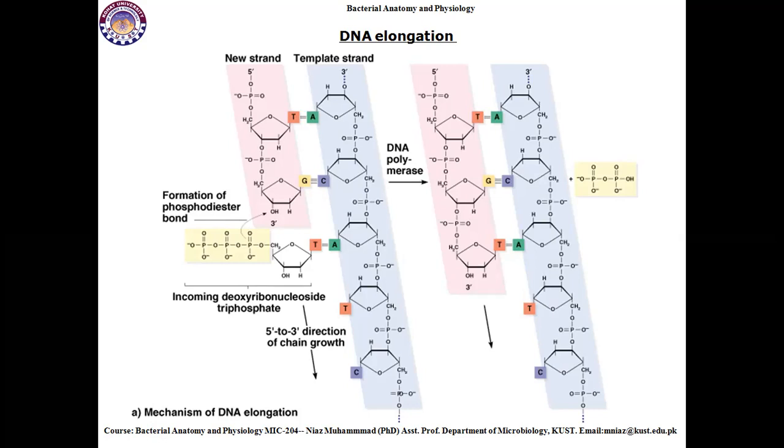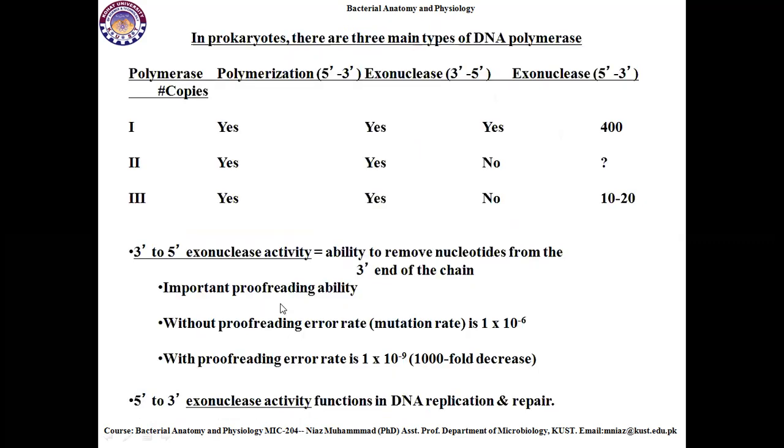Suppose this is adenine and thymine is required here. Mistakenly, if guanine comes, the exonucleases will remove this guanine and bring the correct, required nucleotide to bind. So these are the enzymes which are monitoring and carrying out replication in bacterial DNA.